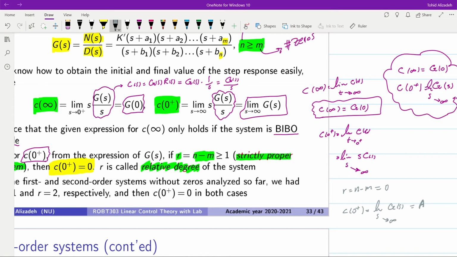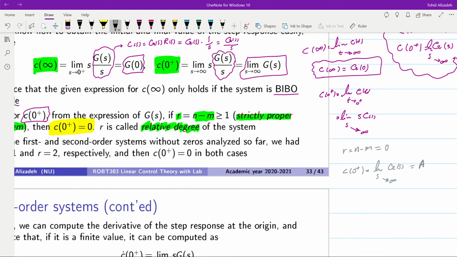In such a case, we will have a jump right at the beginning of the response at time equal to 0 plus, because we assume that before t equal to 0, the response is equal to 0. So c at 0 minus is equal to 0, and then c at 0 plus will be equal to A, meaning that the response will be discontinuous. So if this is A, then the response will start from here. So it will not be continuous.